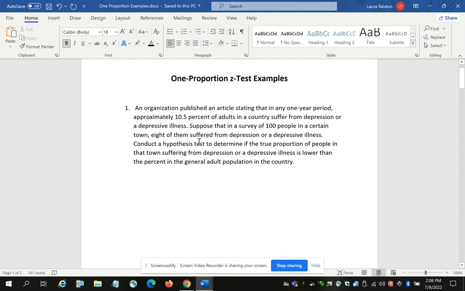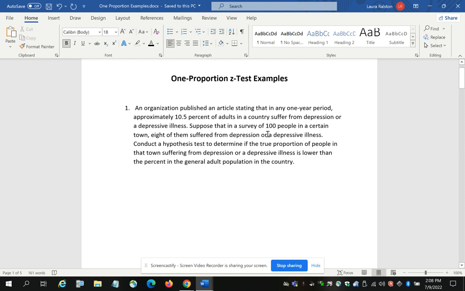So our first example says an organization published an article stating that in any 1 year period, approximately 10.5% of adults in a country suffer from depression or a depressive illness.